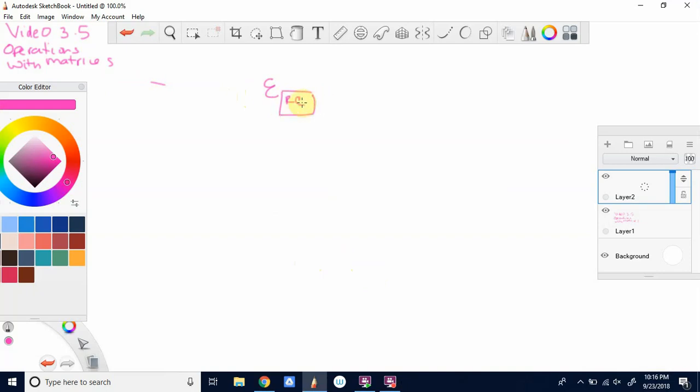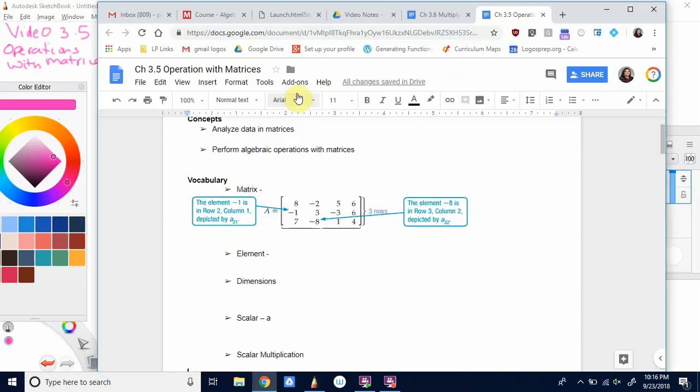This order is important. R is going to stand for the row, the number of the row it's in, and C is going to stand for the column. This is going to be important when we are identifying a matrix and finding its size. It's always going to be row, column. Same thing with the address. They go hand in hand.